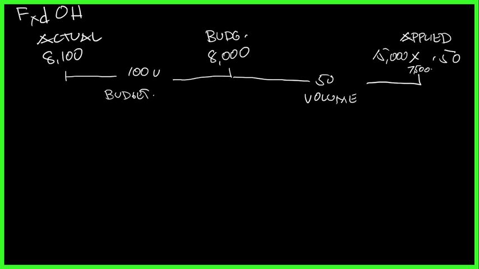So you have 500 na difference, okay, which is unfavorable. So you now have 600 as your total fixed overhead.